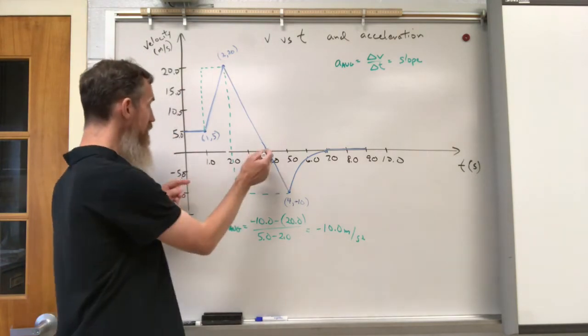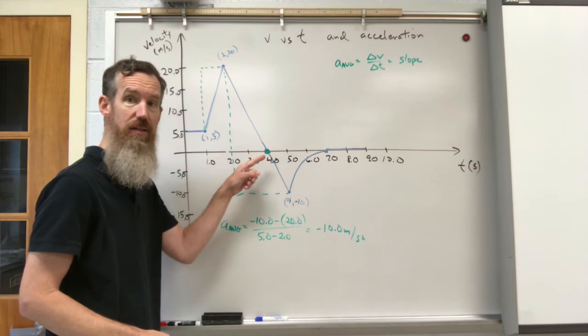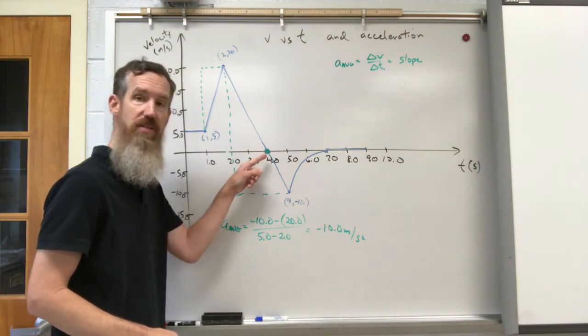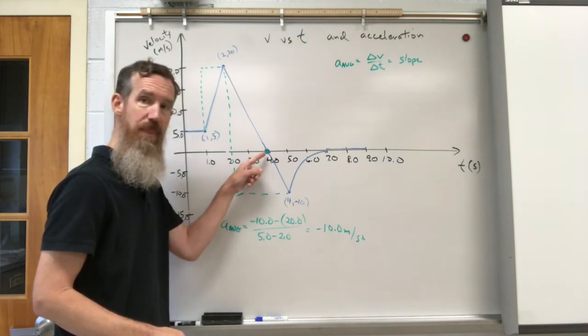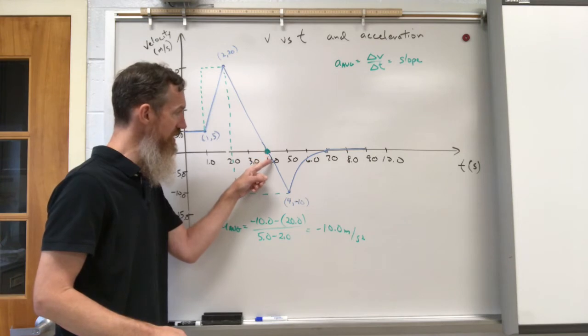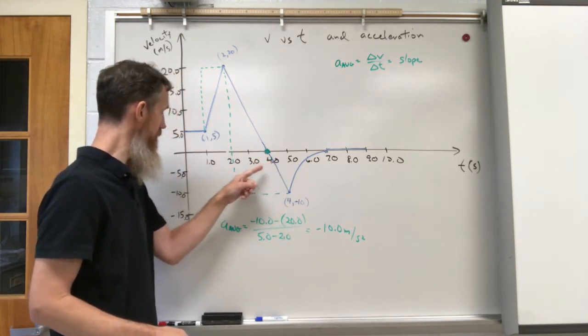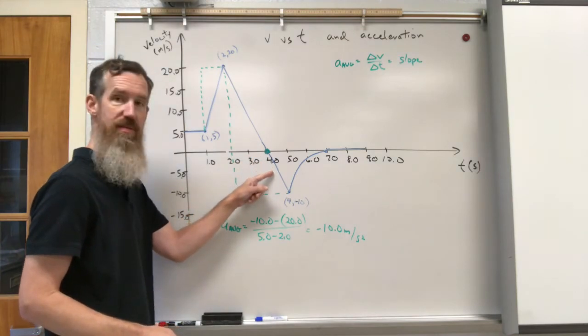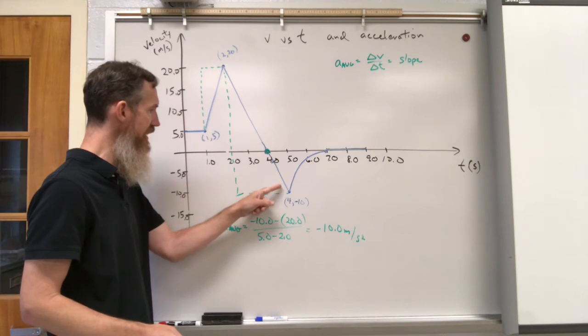Well, at this critical point, your velocity is nothing. You don't have a velocity. You've stopped. But then we keep going. But in the negative direction. And we go from 0 to -5 to -10.